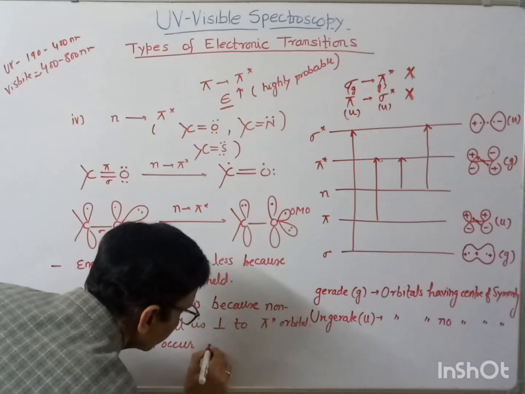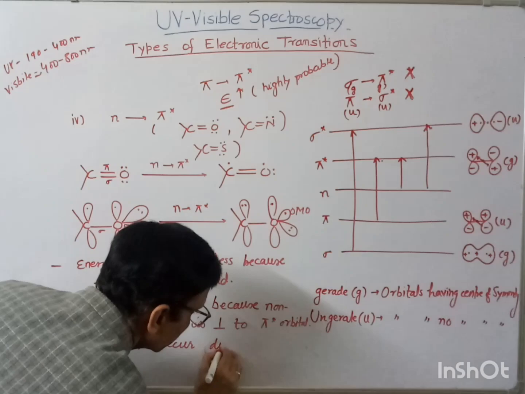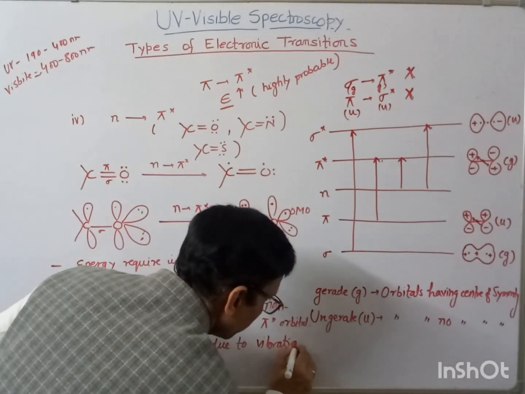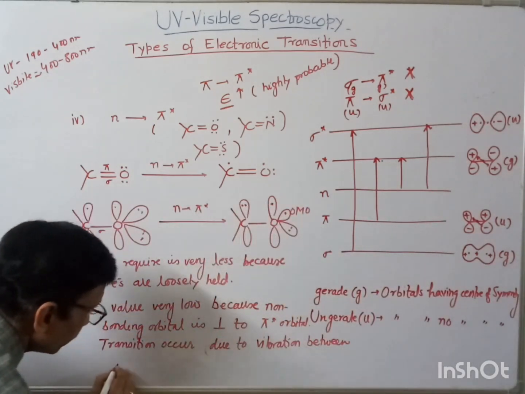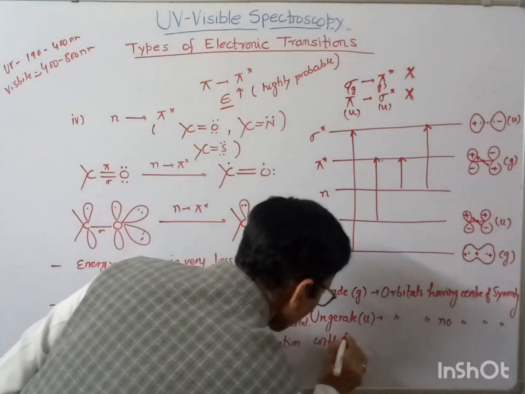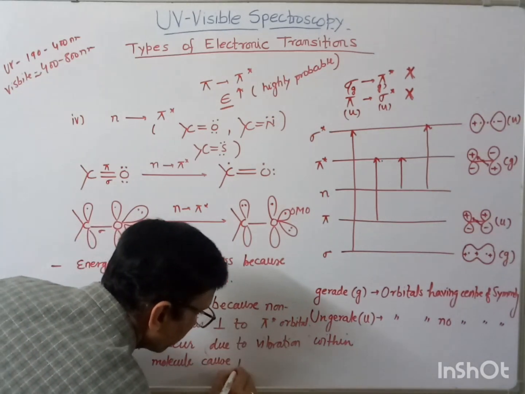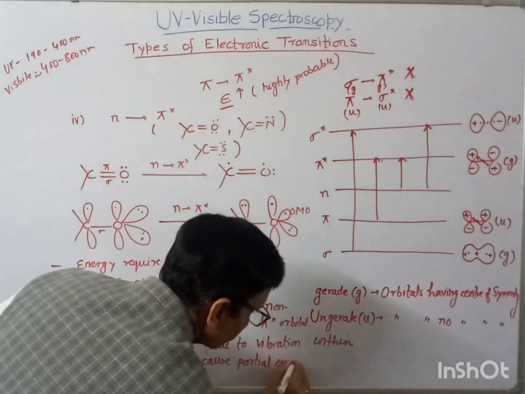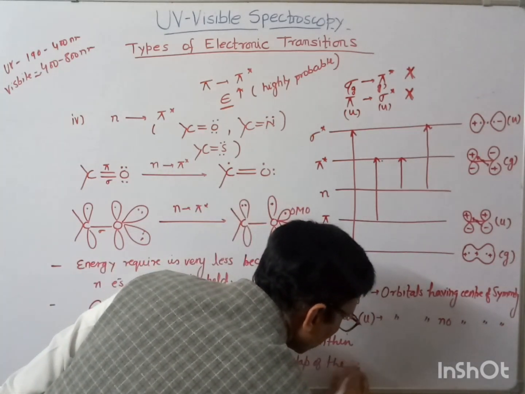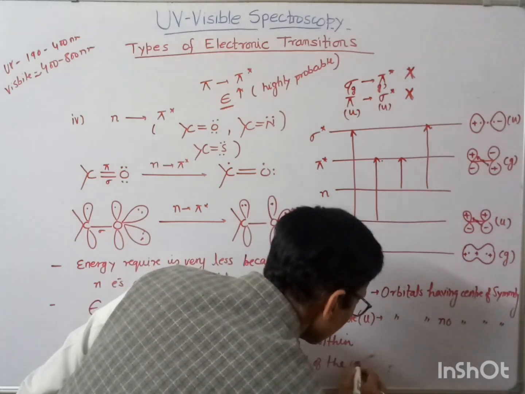Because vibration within the molecule causes partial overlap of the orbitals.